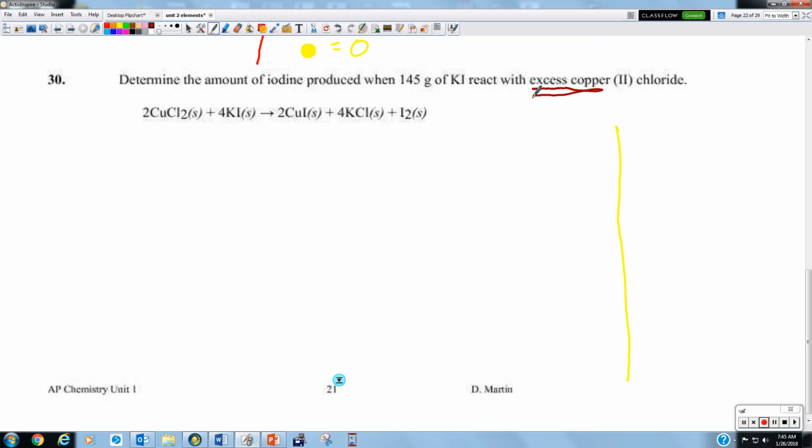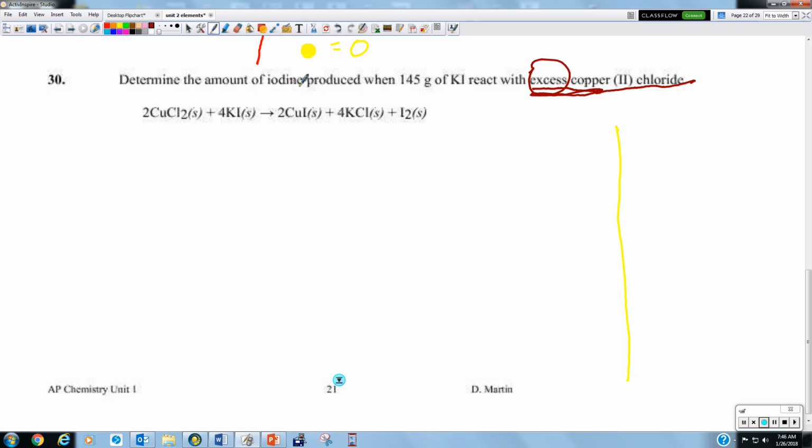Whenever I say excess copper 2 chloride, what does that excess tell us? It's going to end up being left over, meaning there's so much of it there, the amount really doesn't matter. We're never going to use it all up. So we have plenty of extra there.